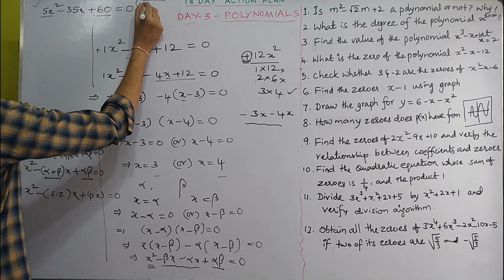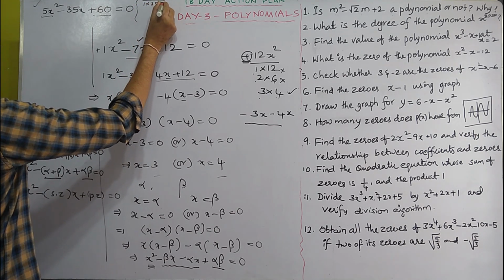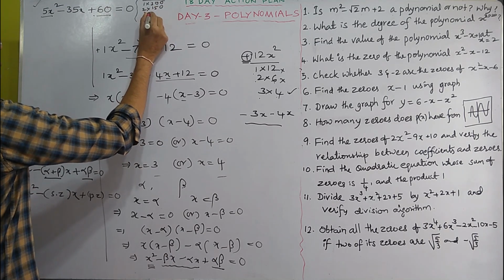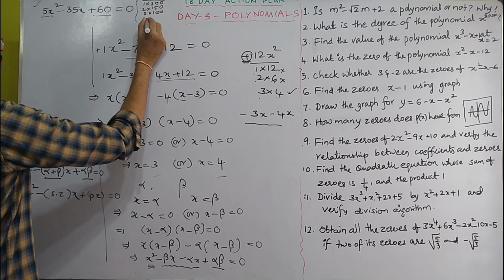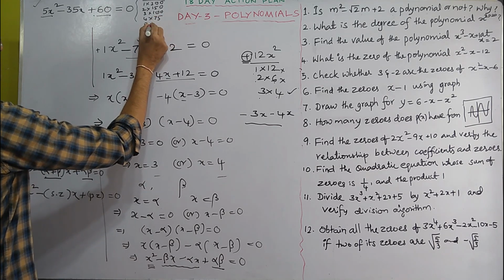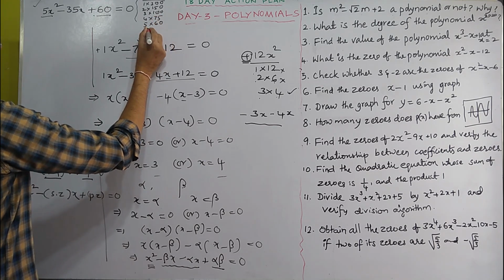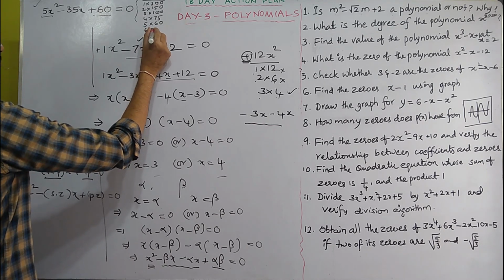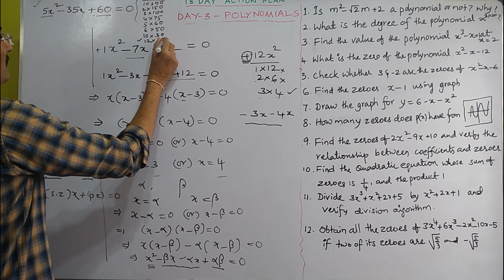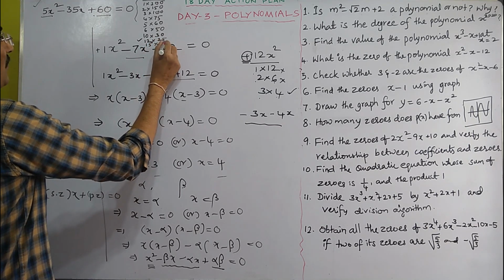Now this can be written as 1 into 300, 2 into 150, 3 into 100, 4 into 75, 5 into 60, 6 into 50, 10 into 30, 12 into 25, and 15 into 20 finally.